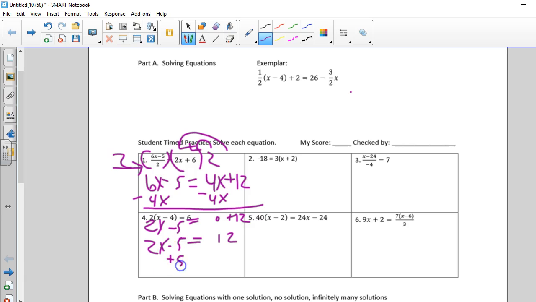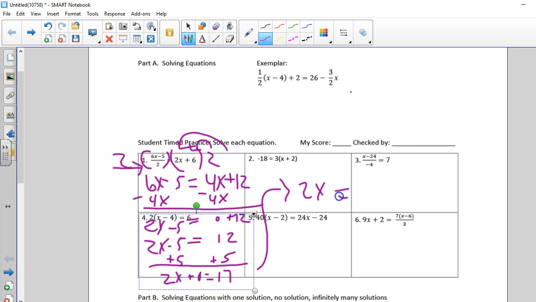Eliminate the constant from the left side. 2x minus 5 plus 5 is 0, equals 17. So that means that we have 2x equals 17. Divide by the coefficient. X is equal to 8.5.